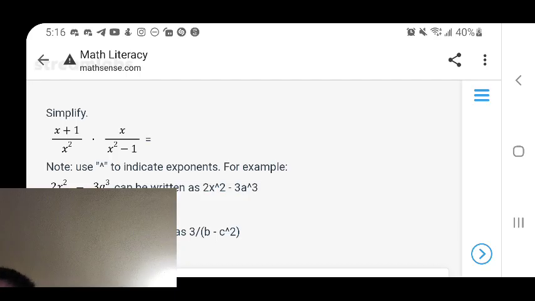X times x plus 1 is x squared plus x. Divided by x to the 4th minus x squared.